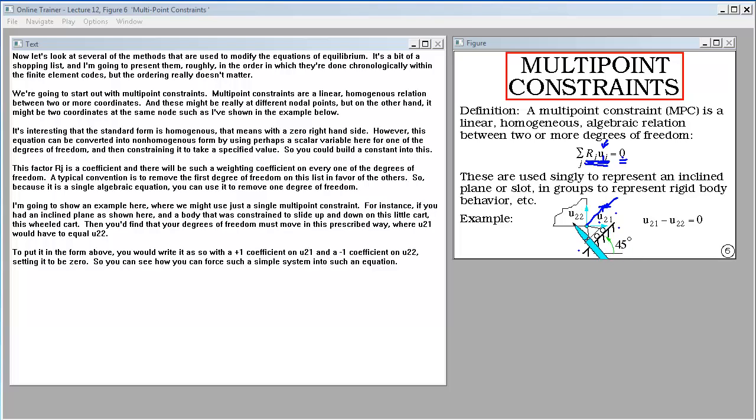To put it in the form above, you would write it as so, with a +1 coefficient on U21 and a -1 coefficient on U22, setting it to be 0. So you can see how you can force such a simple system into such an equation.